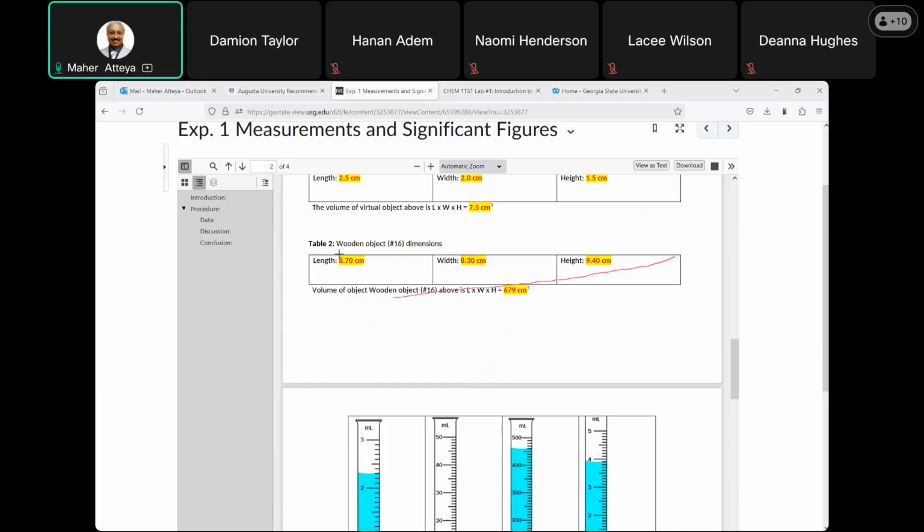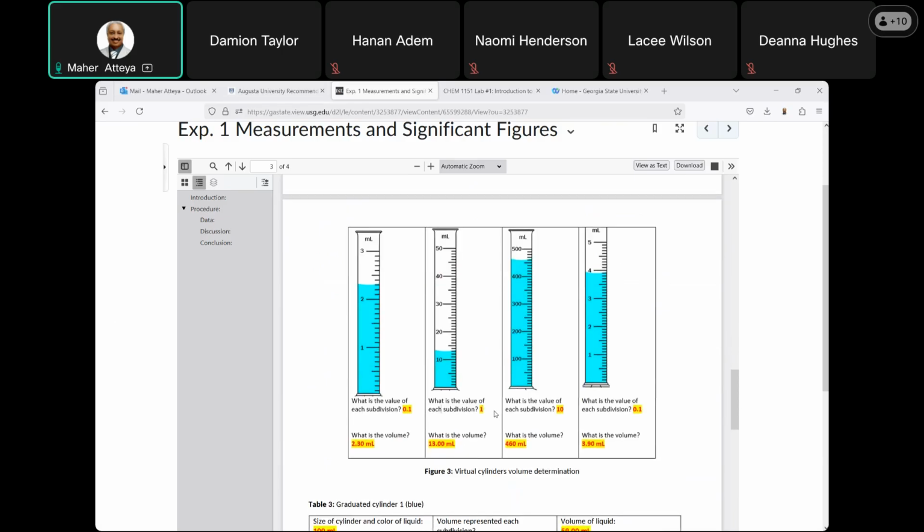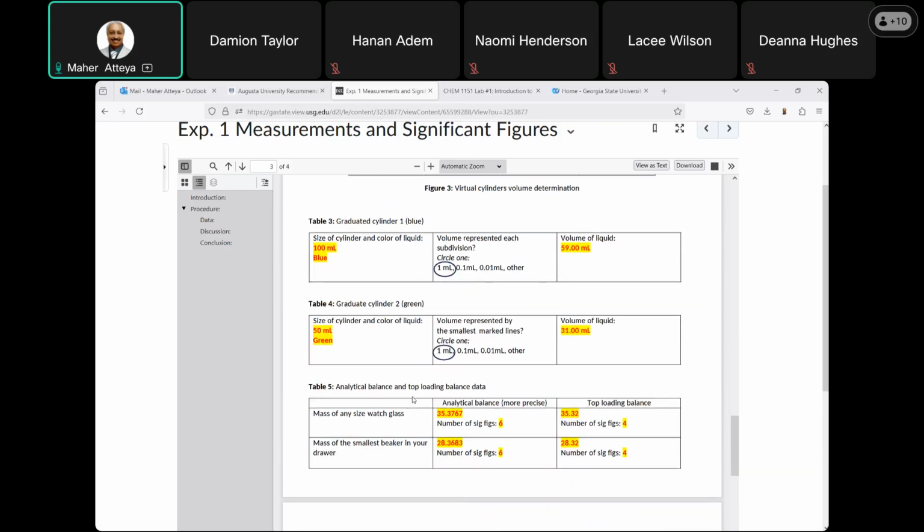We did not do this one either. Those here, guys, correct? So you can take them out.